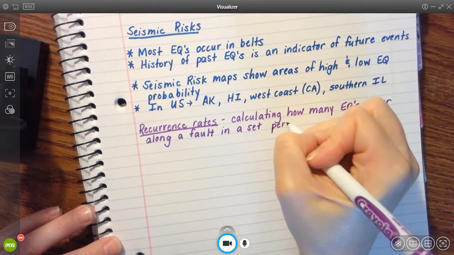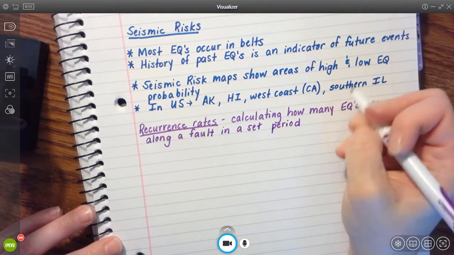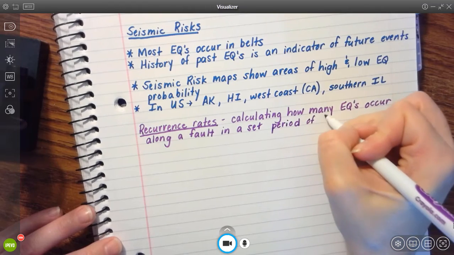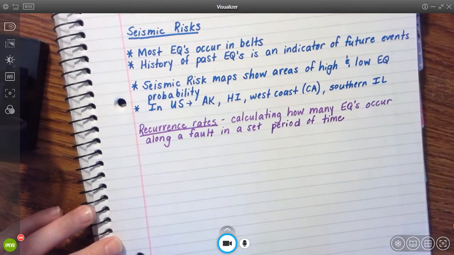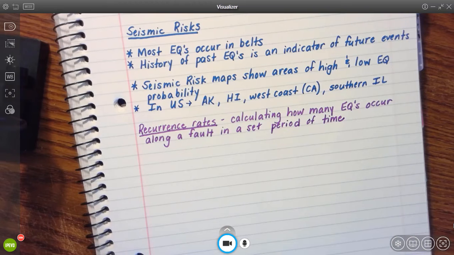And usually that's years, several decades, or even hundreds of years sometimes. So a recurrence rate would be a magnitude 6 earthquake happens in this spot every roughly 22 years. It tells you about how big the earthquake would be and about how often they occur.